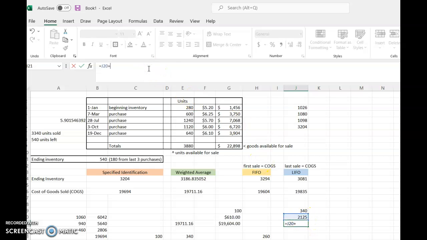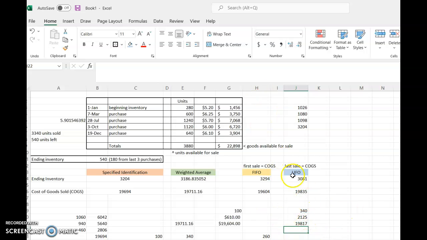And then we need to add in the rest of the sale amounts. So we're going to add that one with the 3,904 and the 6,720, the 7,068, and we're going to see where that gets us here.